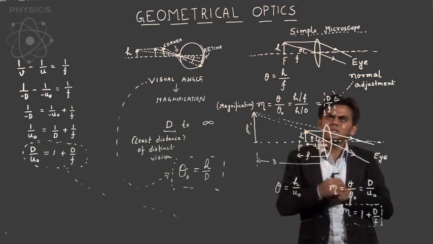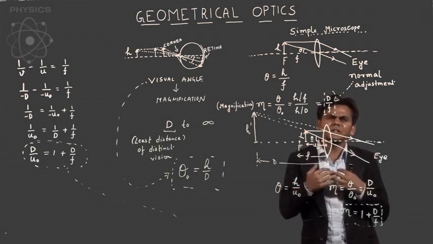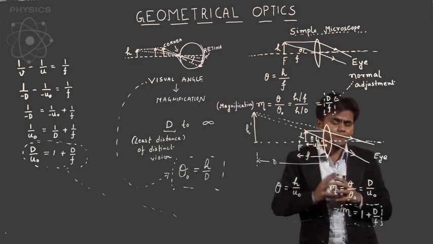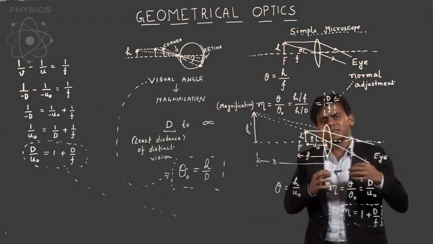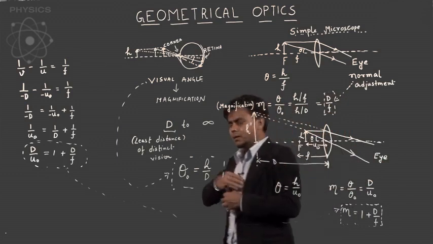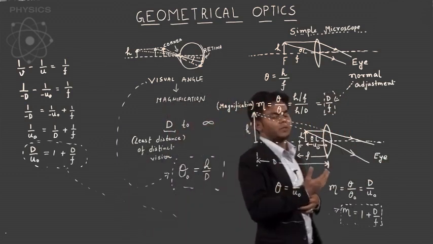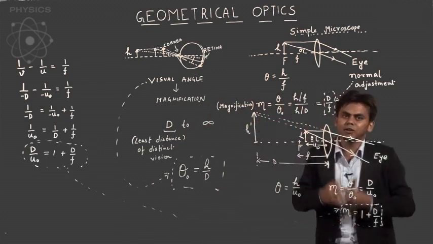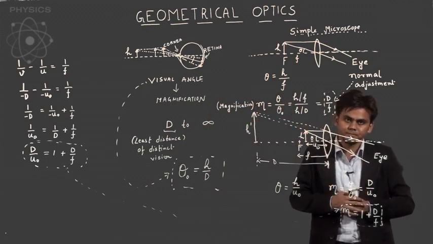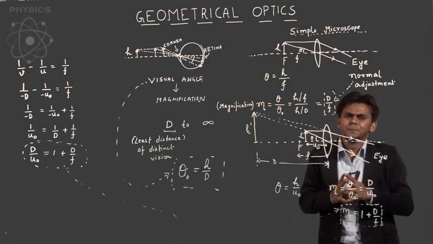Mathematically speaking, this feels like I can make f very small and magnification very large, but that doesn't always work. Why? Because the moment you make the focal length less and less in order to increase magnification, there are irregularities in the lens construction and deviations from the lens formula.